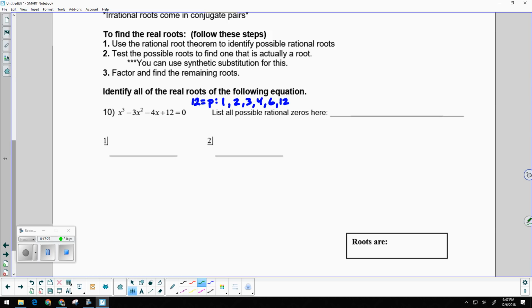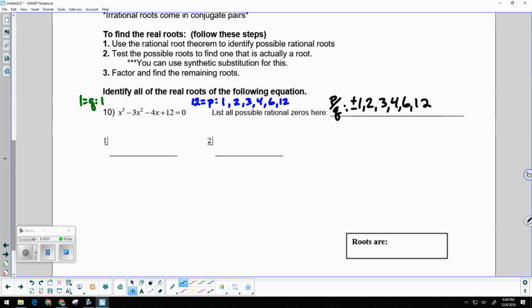And then Q is my leading coefficient, which is 1, and my factors of that are just 1. So all my possible rational zeros, which are my P's over Q's, would be plus or minus 1, 2, 3, 4, 6, and 12. That's the first step.